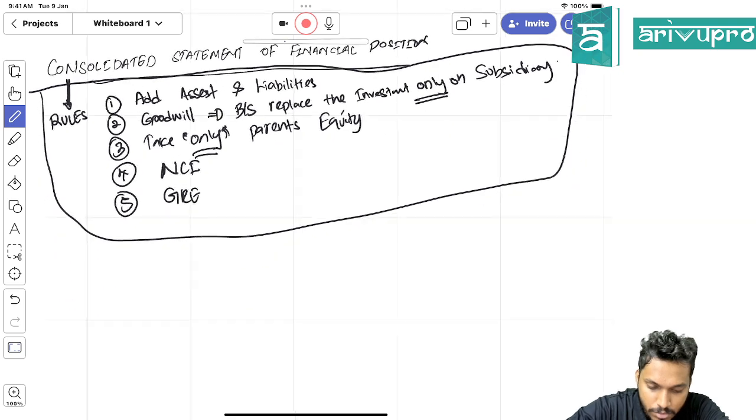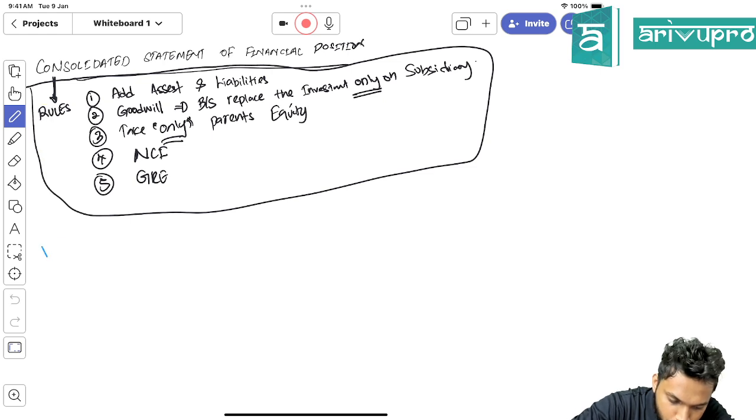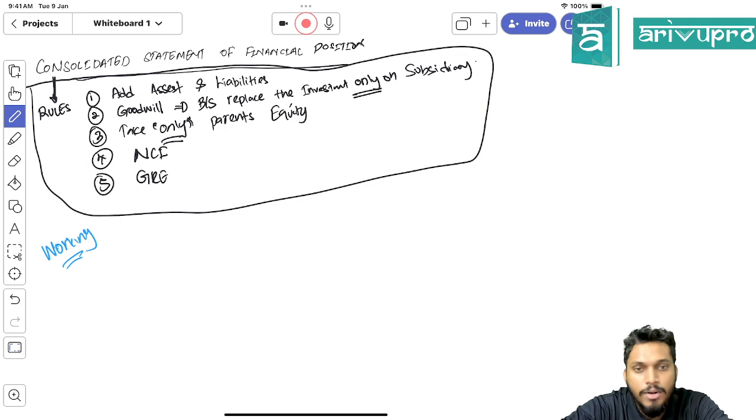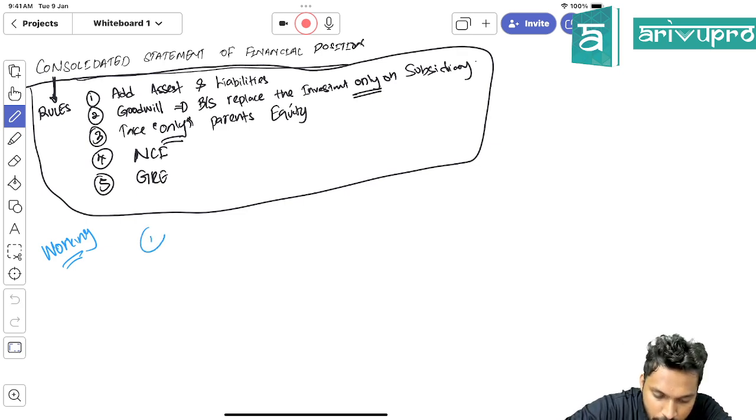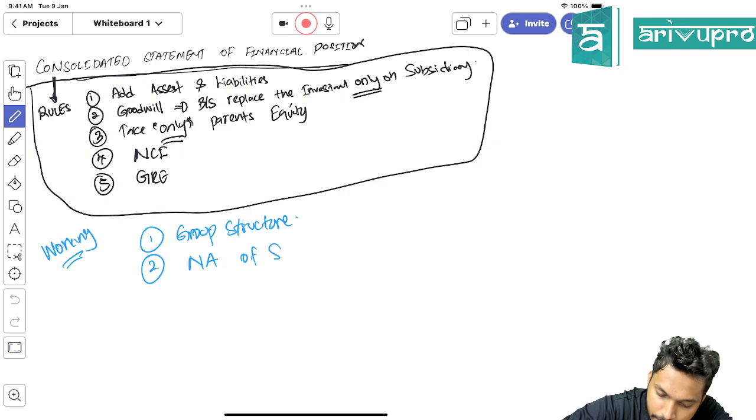Then we also learned workings. Our workings are very important. So working 1, you need to understand the group structure. Working 2, you need to understand the net assets of the subsidiary.